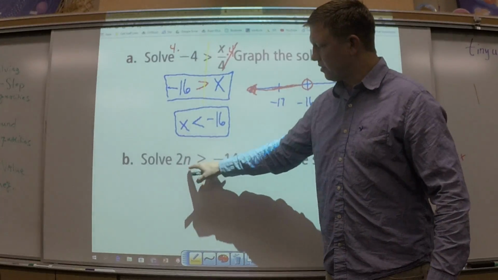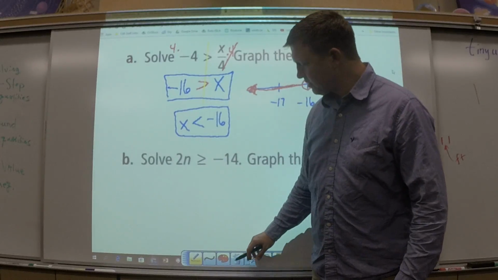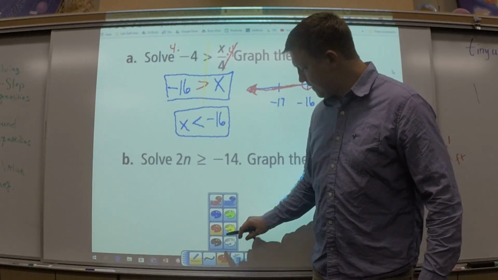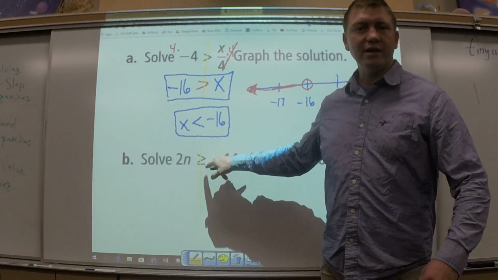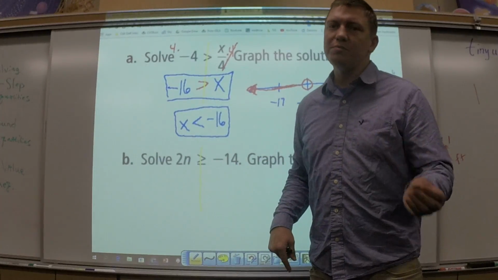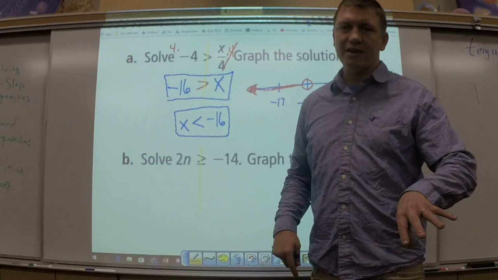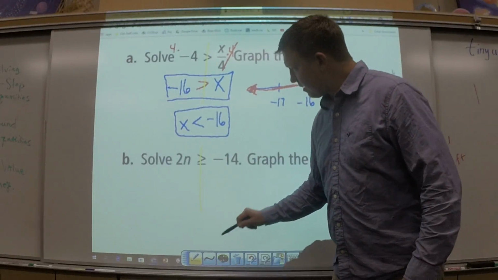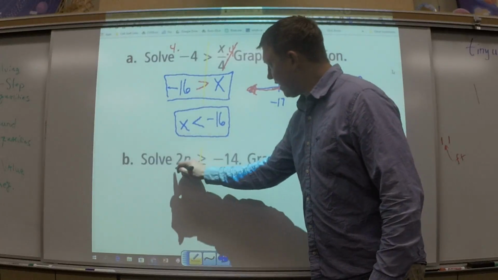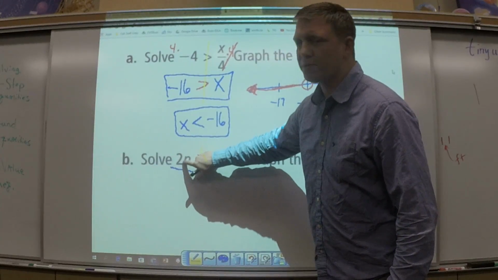Okay, check out this next one. This example is very similar to solving equations. All right, I'm going to put a line down on top of my inequality. That's exactly where my equal sign would be if it was an equation, but it's not. We're solving it almost the exact same way. So right here, I'm going to divide by 2 because I see there's multiplication in there.